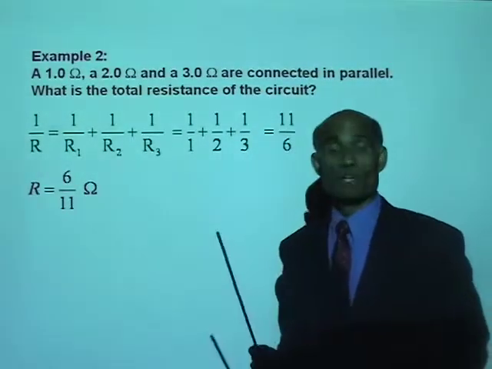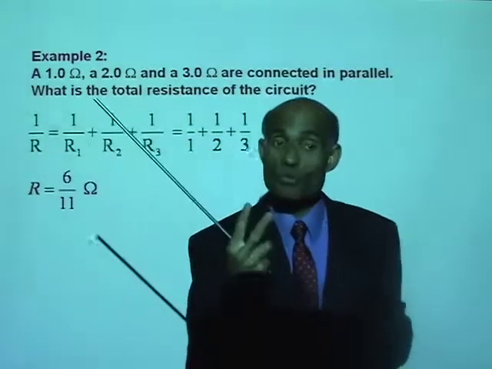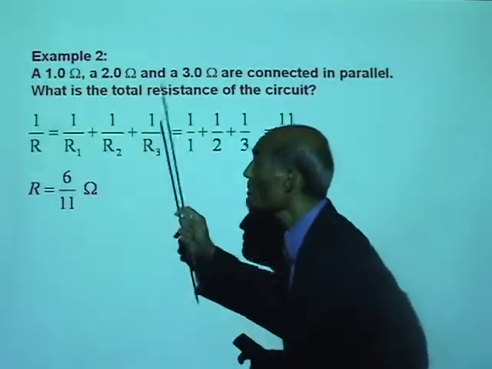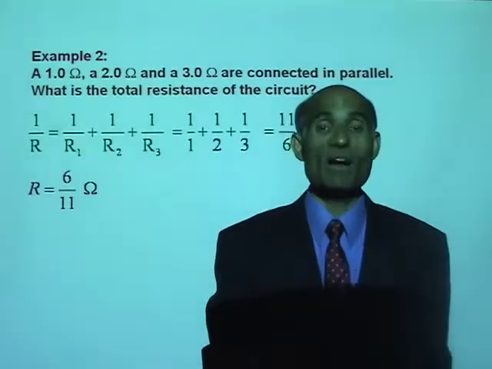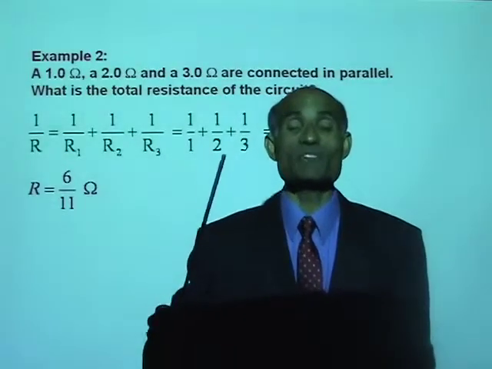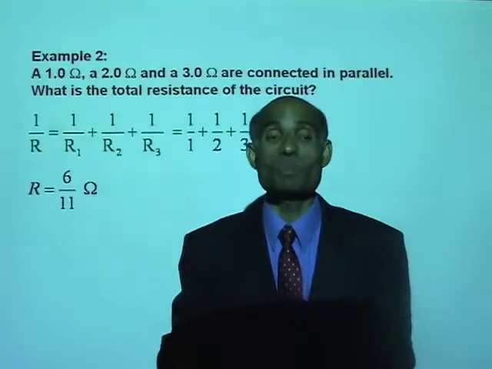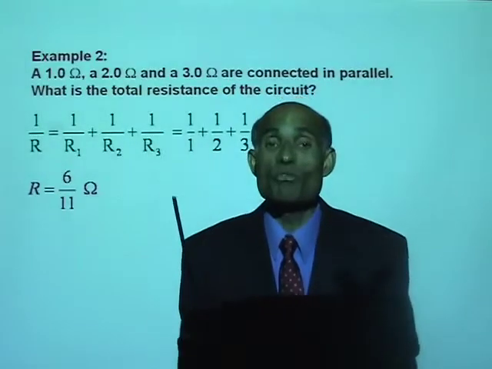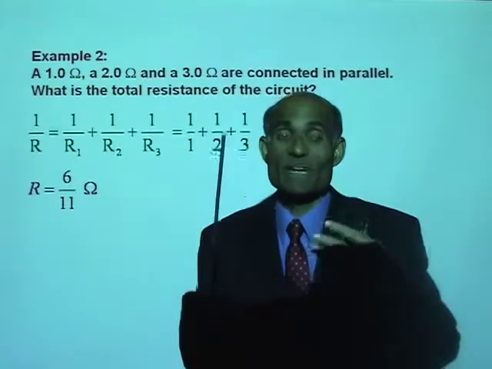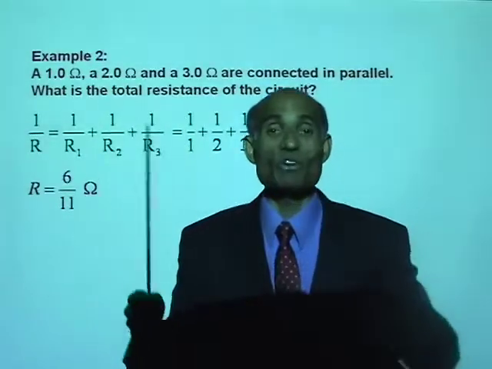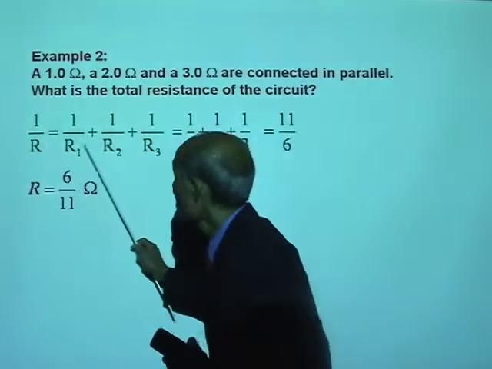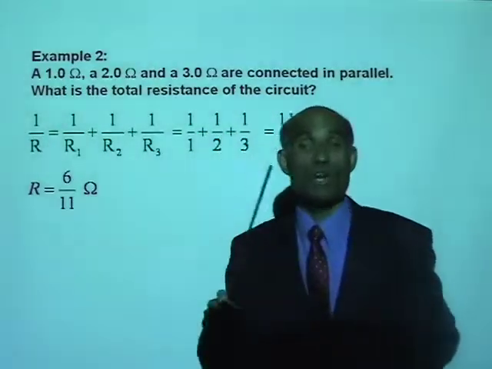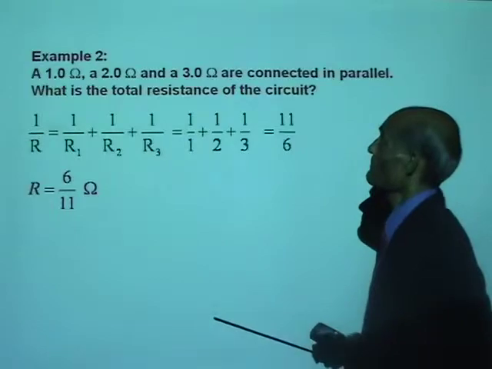Now remember, the equation we use for two resistors cannot be used for three resistors. The equation R equal to R1 R2 divided by R1 plus R2 is only for two resistors. You cannot extend that equation for three resistors. When you have three resistors, you got to use the normal equation.